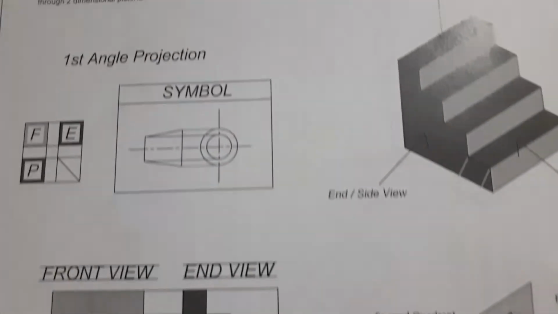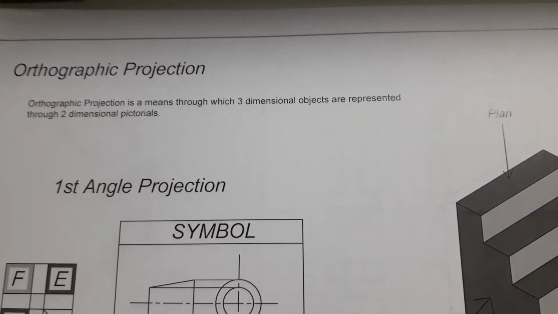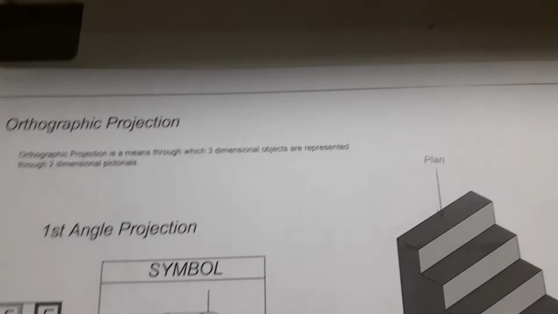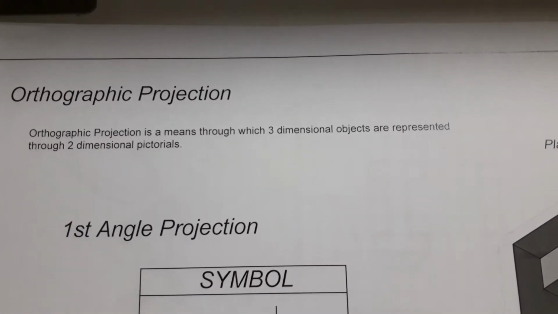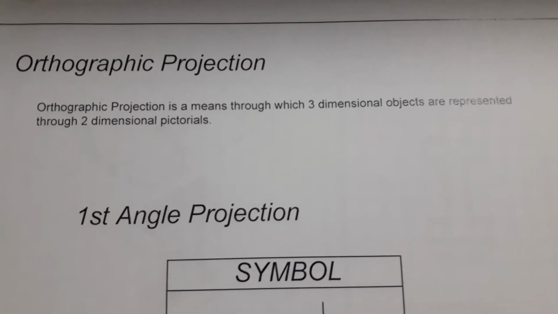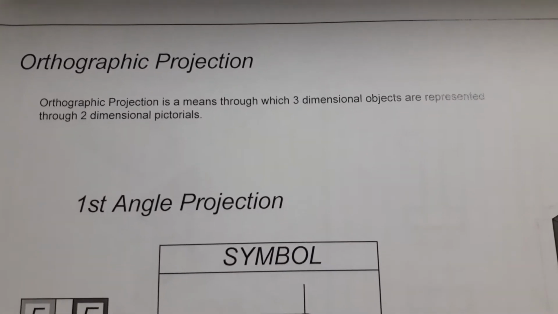The reason they are both DRG6, and not isometric being DRG6 and orthographic being DRG7, is because they are both going to come together. So, what is orthographic projection?